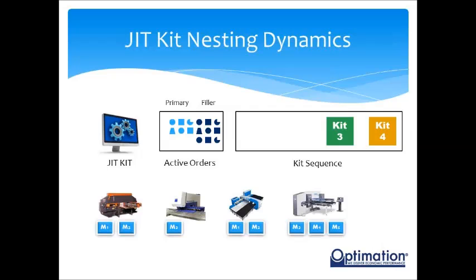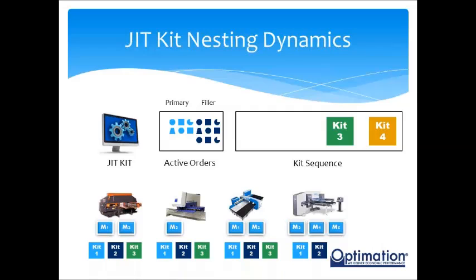So the concept of a dynamic filler kit is presented here as one where the second kit will never override the primary kit. The primary kit will always be the one that's most important. Before we get to that, we can also limit the number of kits on the output side of the machine.